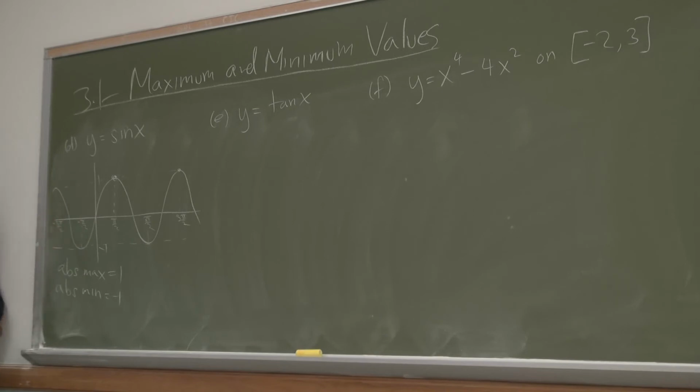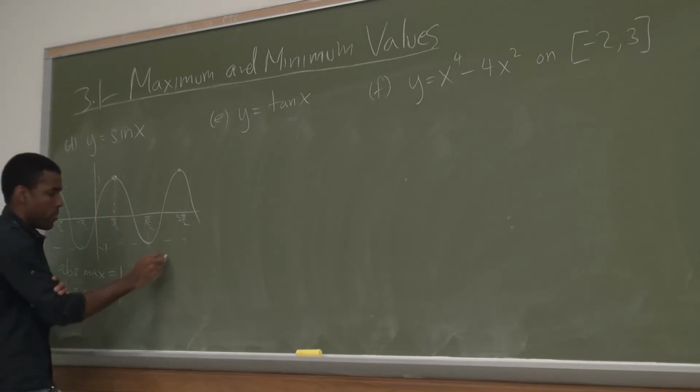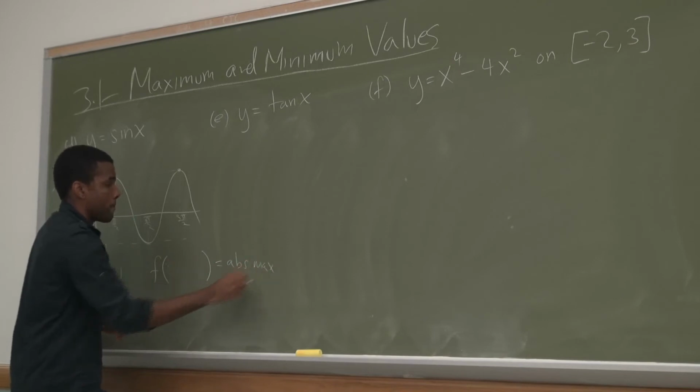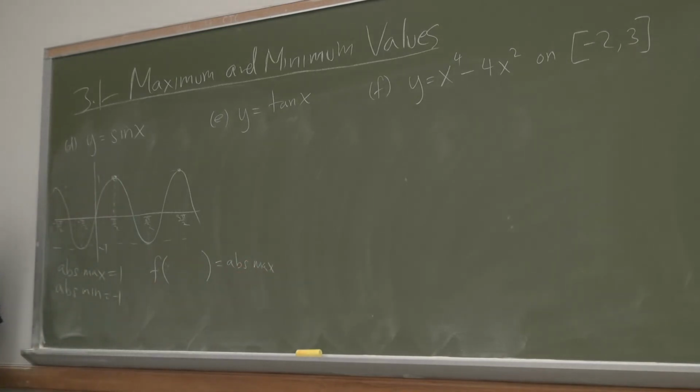Can you tell me in general when these would occur? f of what is the absolute max? Odd pi over 2? It's not odd pi over 2, because 3 pi over 2 is not. Well, 3 is an odd number. Isn't it also relative?